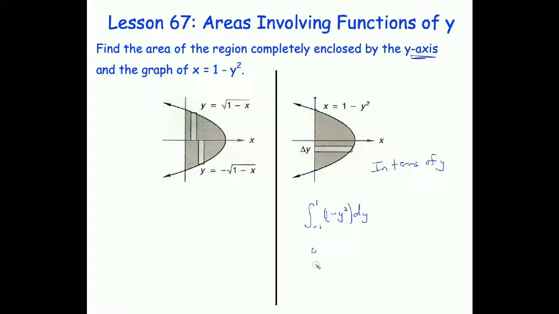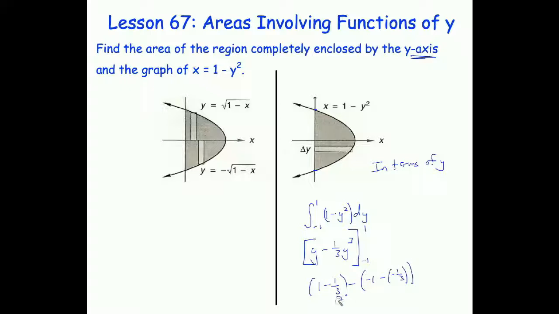So we have y minus 1/3 y cubed, evaluated from -1 to 1. Plugging in 1, we get 1 minus 1 cubed is 1 times 1/3, so 1 minus 1/3. And then we want to subtract when we put in -1, so we get -1 minus -1/3.